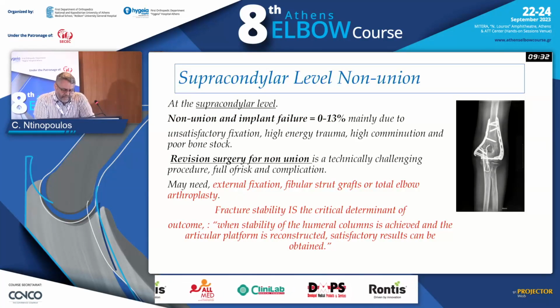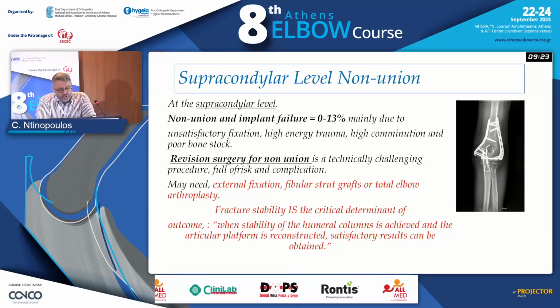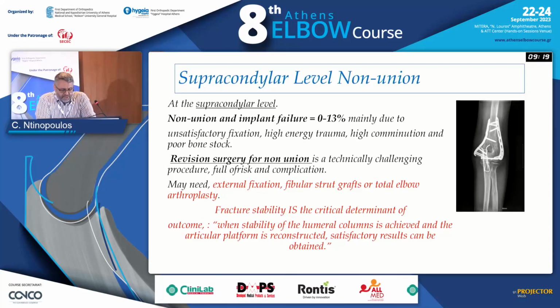Non-union. As everybody understands, the non-union might come at the supracondylar level. Literature shows non-union and implant failure in almost 0 to 13%, mainly due to the comminution and unsatisfactory fixation.